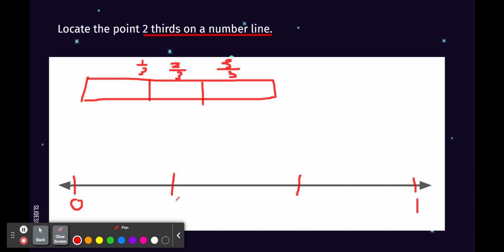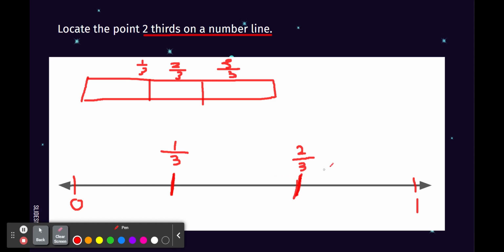Now at the tick mark, I have to label it as 1/3, because until we get to this tick mark, we are not at 1/3. All of the space in between is less than 1/3, but on this tick mark, we have 1/3. The next tick mark is 2/3, because from 0 to this point right here is 2/3.